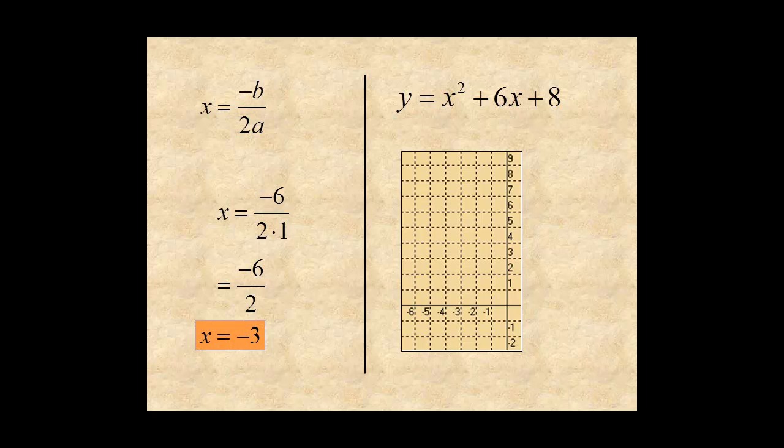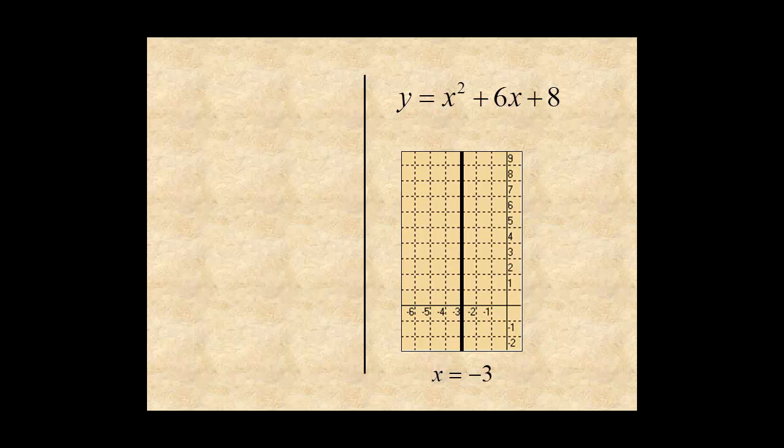So draw a vertical line through negative 3 on the x-axis. Since the vertex is a point on the axis of symmetry, x equal negative 3 is also the x-coordinate of the vertex. So to find the y-coordinate of the vertex, evaluate the function for x equal negative 3.